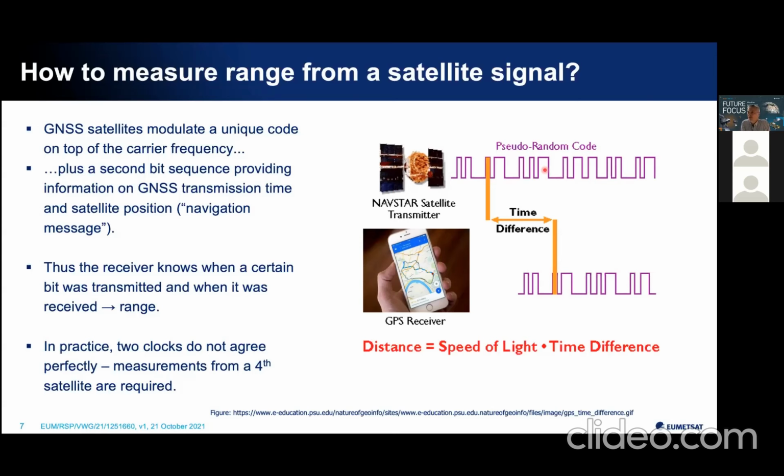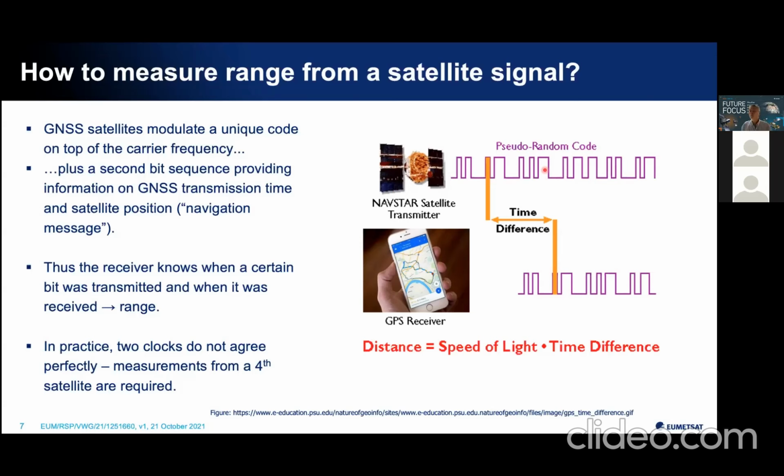So you need a fourth measurement, or a fourth satellite to take measurements from, in order to resolve these 4 unknowns, that is 3 spatial coordinates and 1 clock or time offset coordinate. So in order for that to work, you need at least 4 satellites from which you can track signals. And that is why GPS and other GNSS systems are designed so that you can always see at least 4 of these satellites at any time.